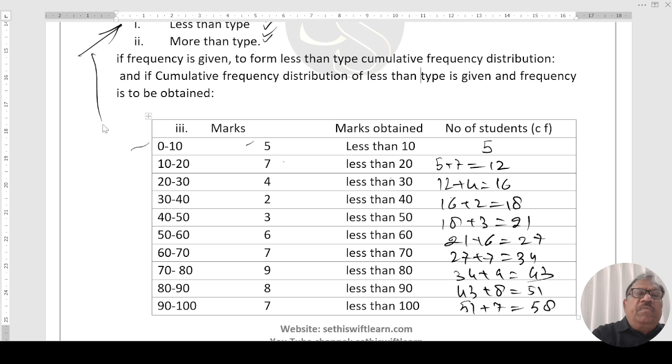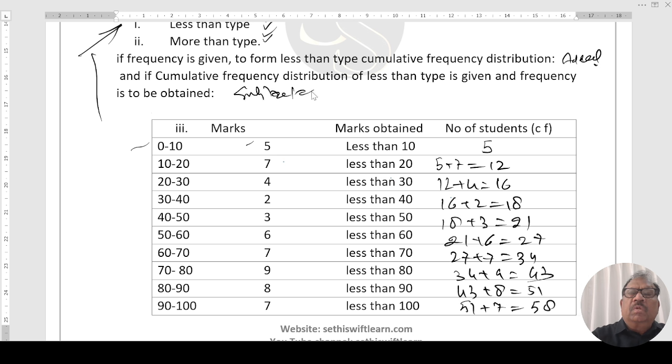Now in this case, if frequency is given to you, to form the less than cumulative frequency distribution, these are to be added. This plus this plus this is to be added. If the converse of this is given to you, you have to form this one. Then 5 comes, then this minus this minus this, this is to be subtracted.